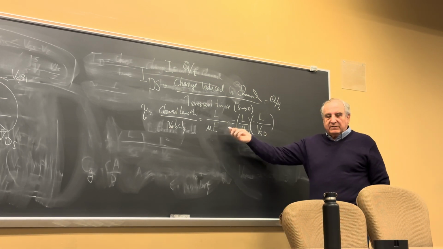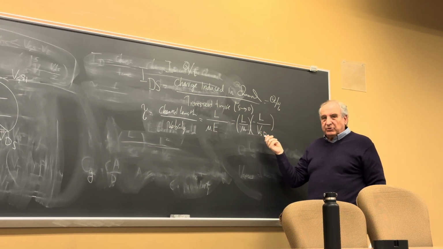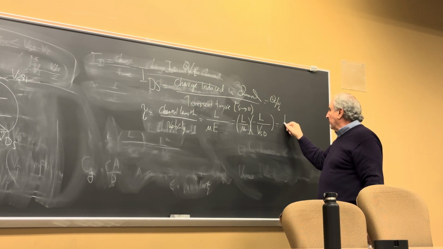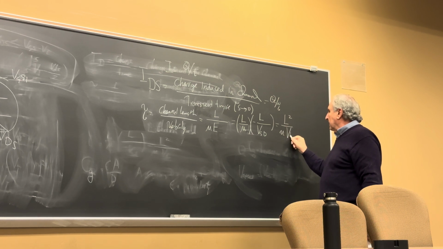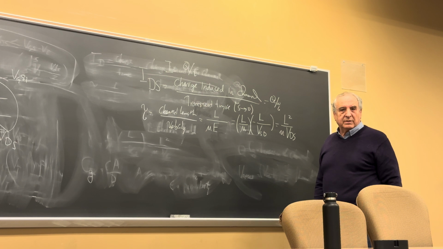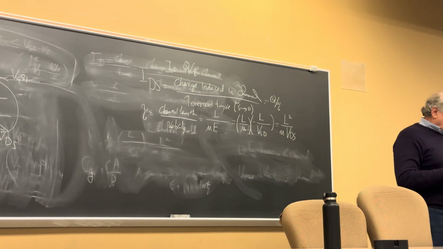Remember, electric field is volt per distance, source to drain, because that's the field that we applied. So tau will be L squared over mu VDS. I reversed this and got rid of the minus. That's tau.